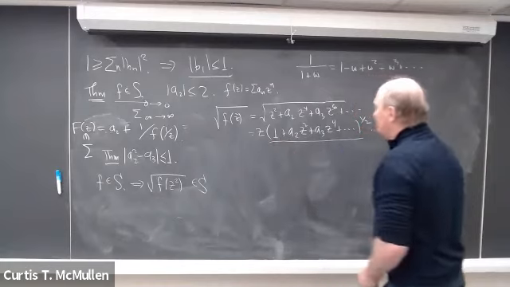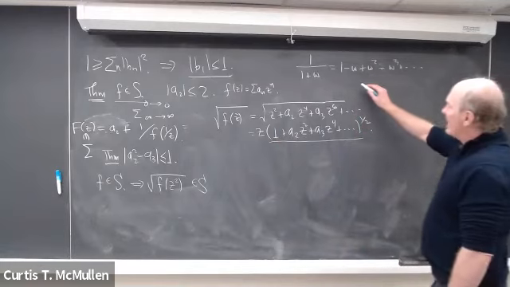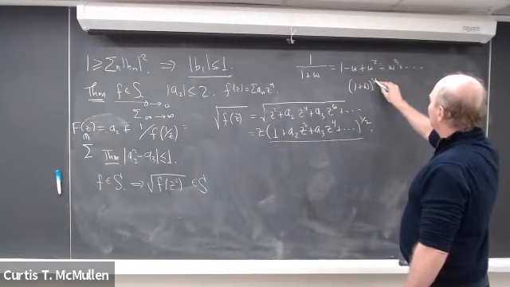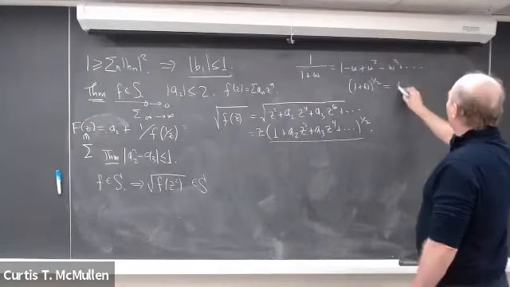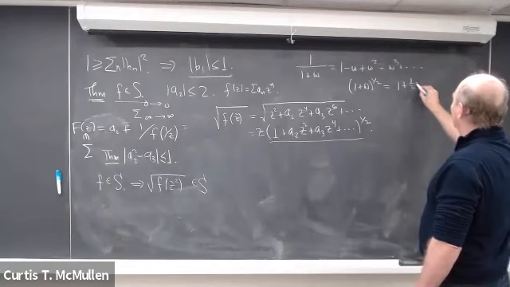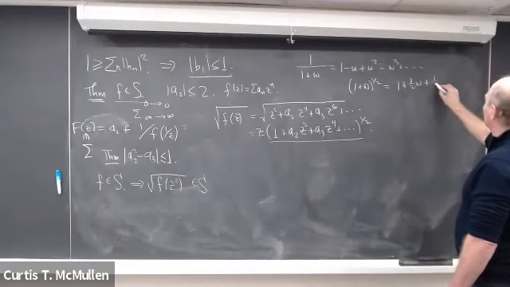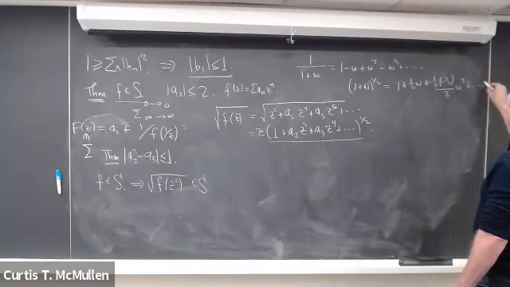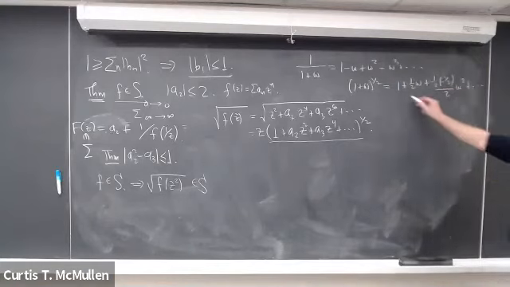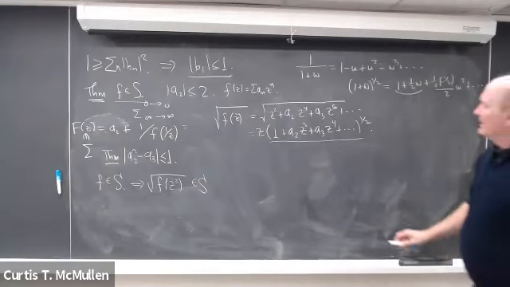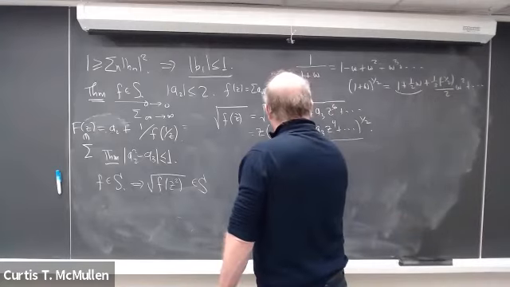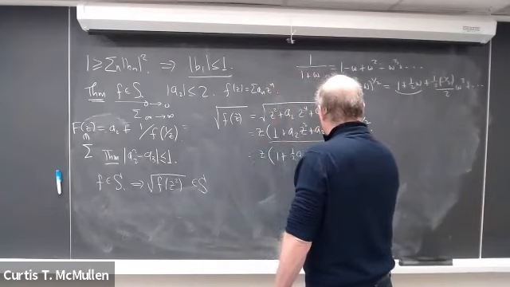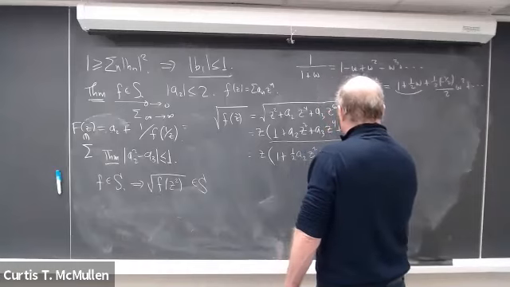And so we can now use the fact that, at least for w small, 1 plus w to the 1/2 is 1 plus, by the binomial theorem, 1/2 w plus 1/2 times minus 1/2 over 2 w squared plus, etc. We'll only really need this first term here. So this is equal to z times 1 plus 1/2 a2 z squared plus higher order terms.